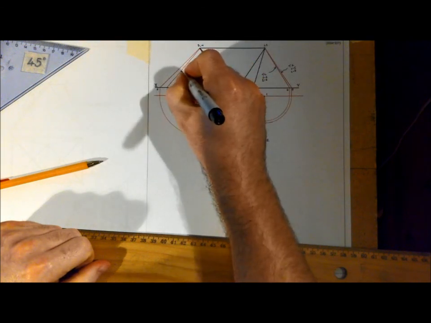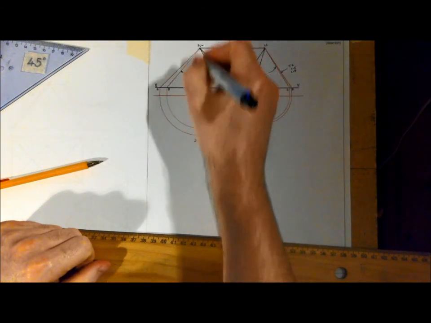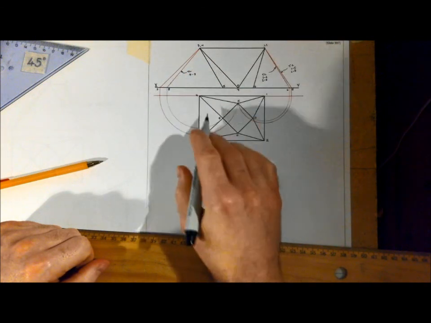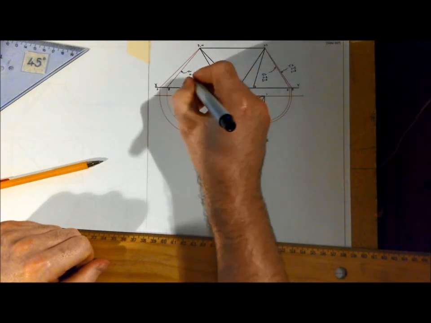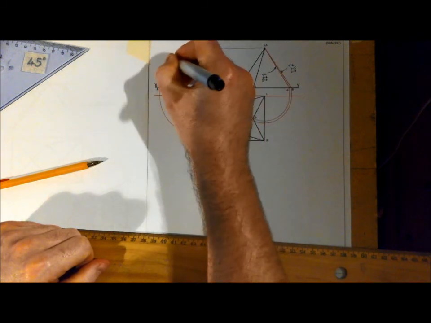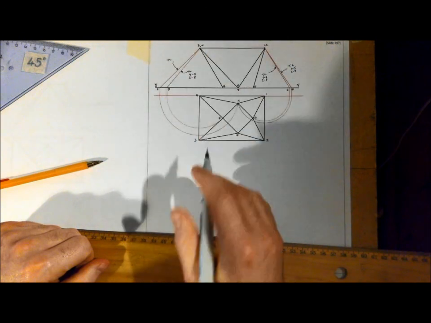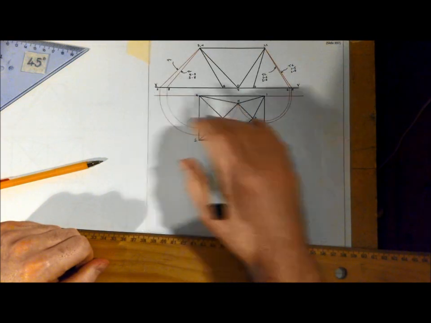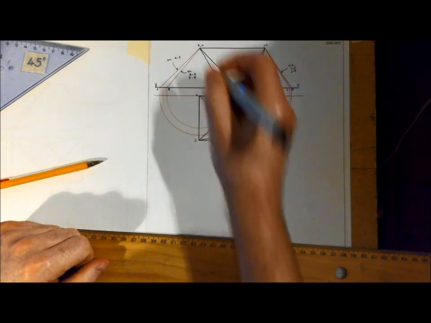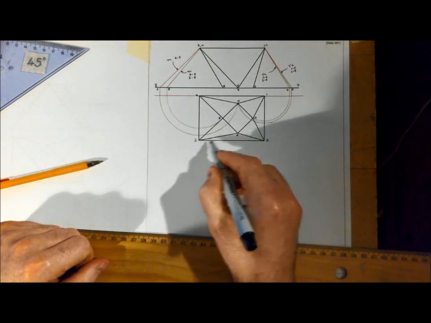So this one here is the true length from 4 to 8, which is the same as the true length from 3 to 8. And this guy on the outside is a true length from 4 to 5, which would be the same as 3 to 7.